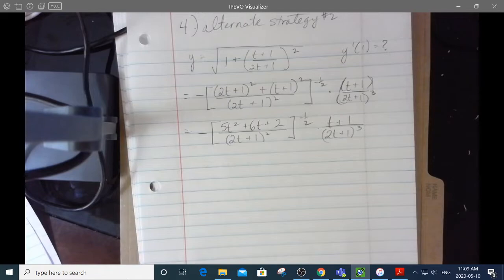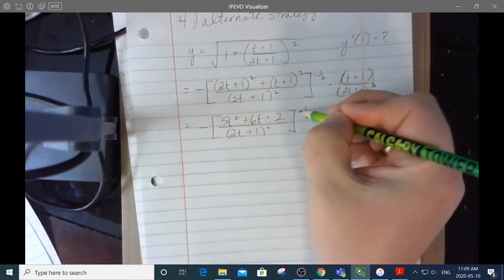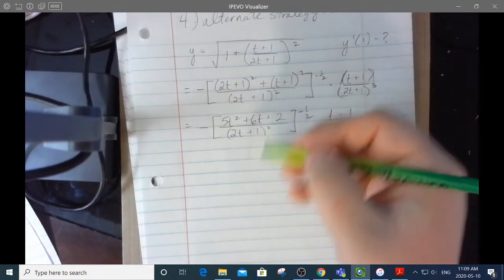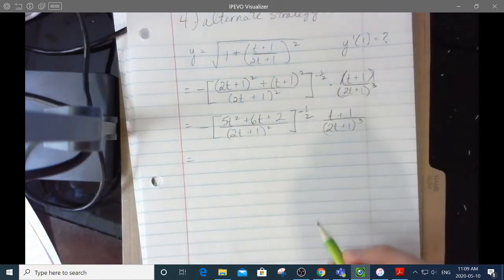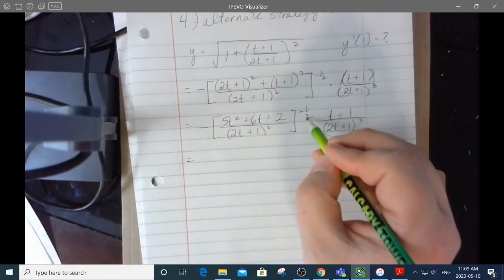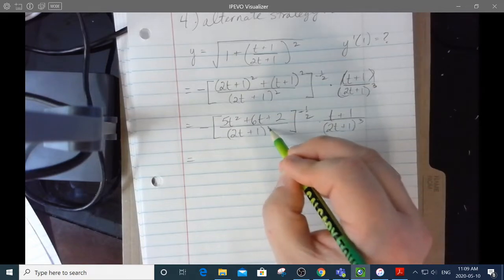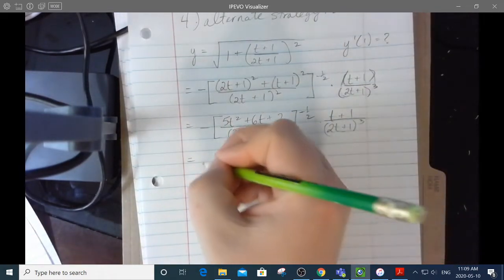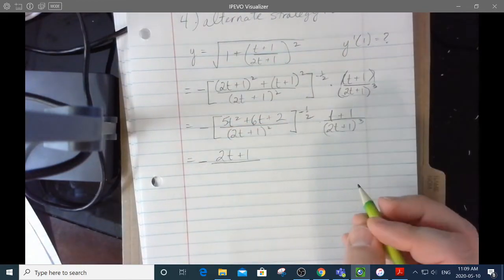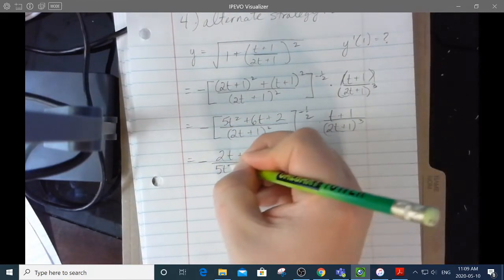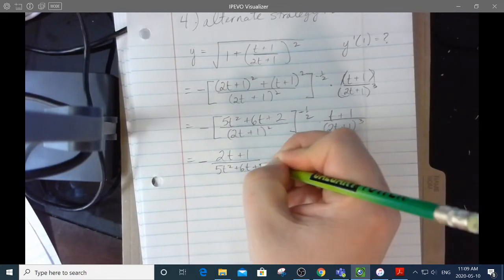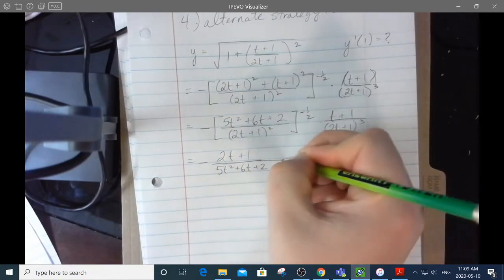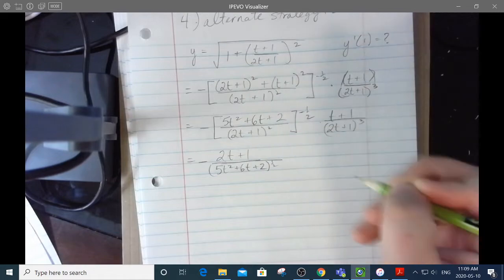Okay, so now what can I do with this? Well, again, a negative exponent on a fraction will give it a reciprocal, and squaring or square rooting, a power of a half to a 2, will actually cancel. So the numerator is this, and the denominator, don't forget there's a negative out front, and the denominator is this, all to the power of a half.